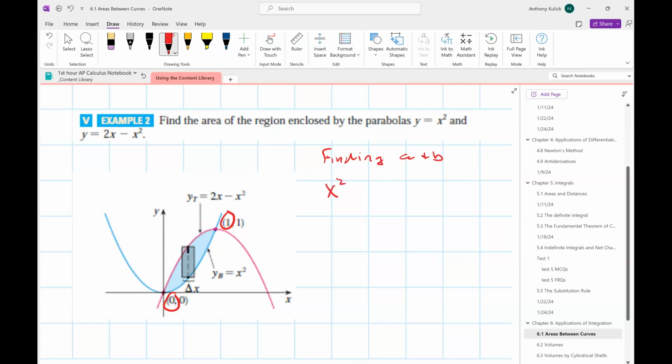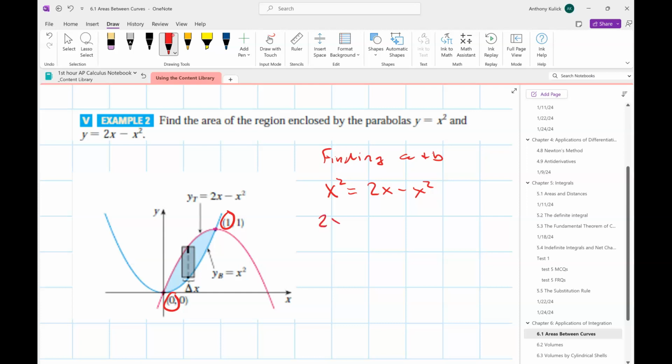You take one function and you set it equal to the other, right? Just like you're solving a system, if you want to find the intersection of y equals one thing and y equals another, you just set them equal to each other and solve for x. Everybody's okay?